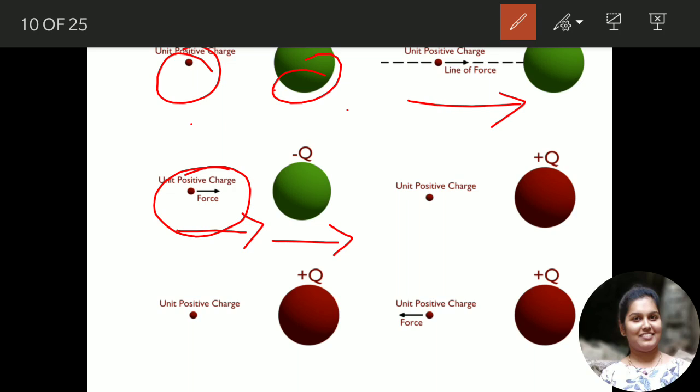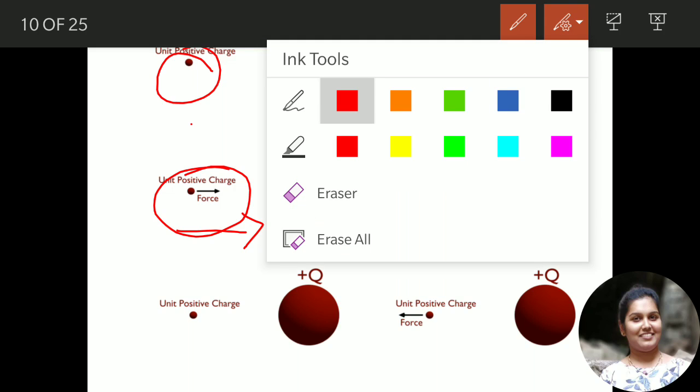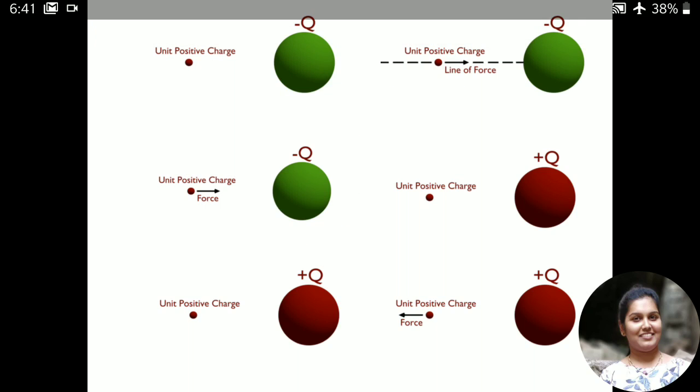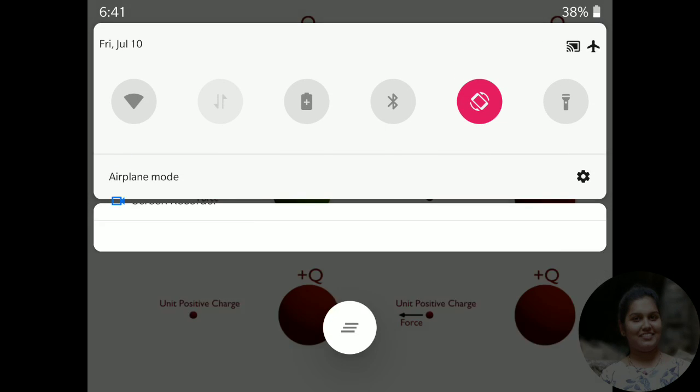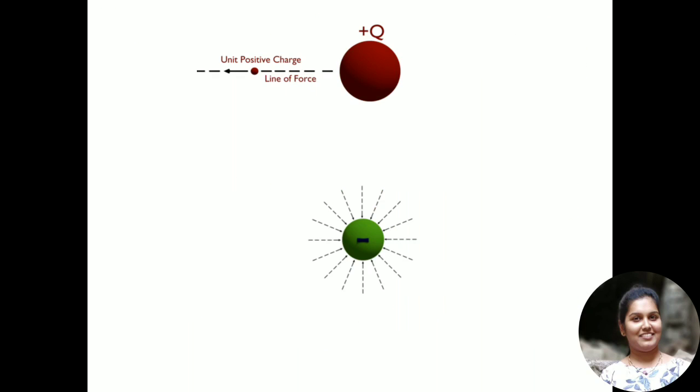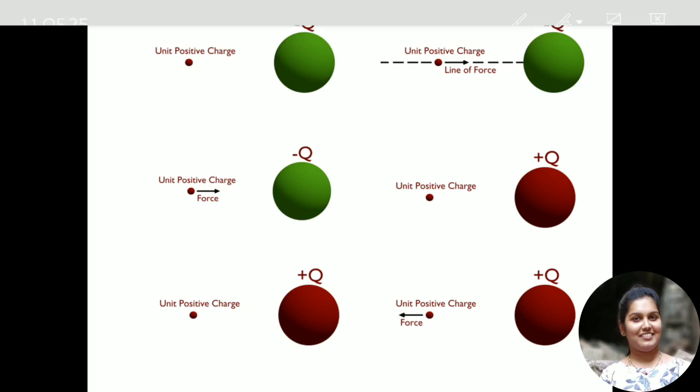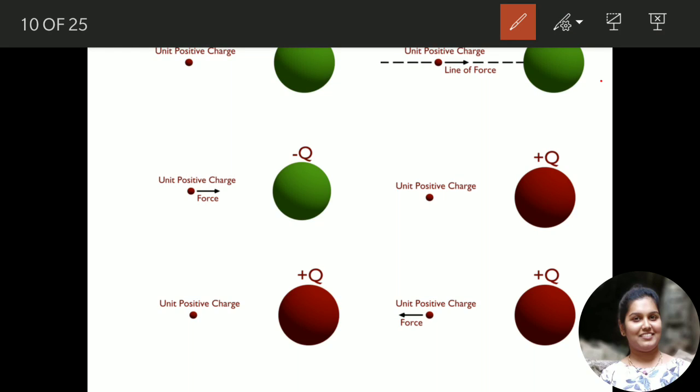In this diagram we can see that this unit positive charge will move towards the charge minus q in a straight line joining the center of the unit positive charge and the center of the negative charge.